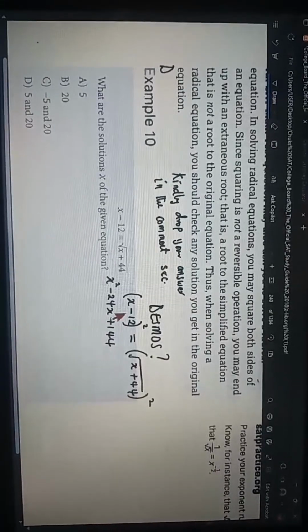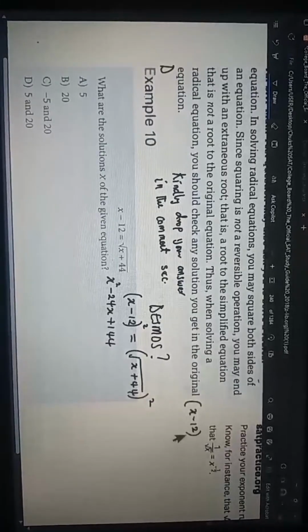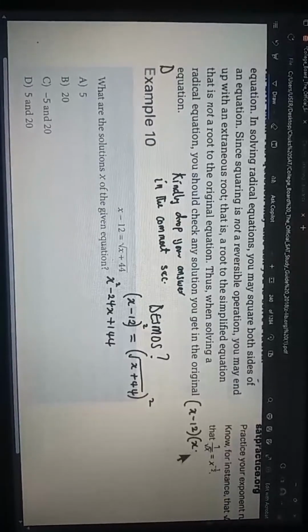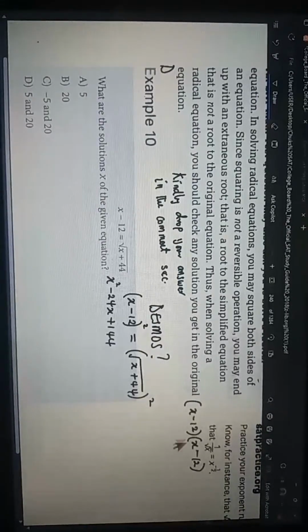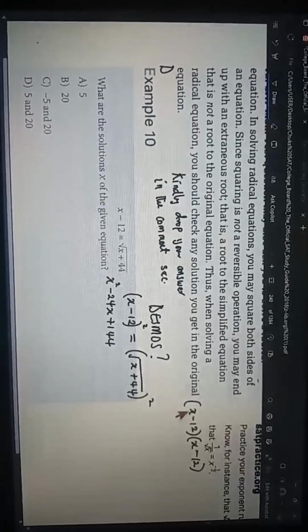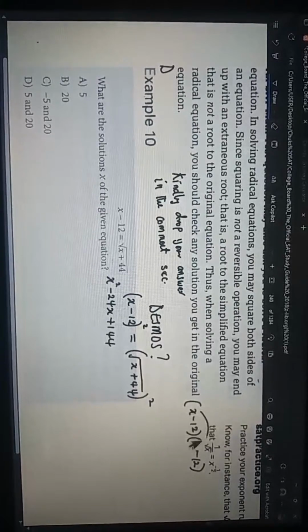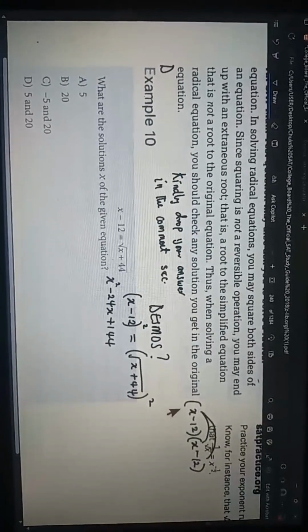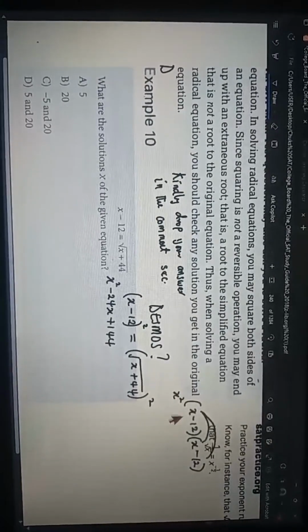Let me just show you what I did here, expanding x minus 12, because in this lesson, we'll try as much as we can to make everything as simplified as possible. Even if you're not a math professional, you can always learn with us. So x minus 12 all squared is the same as x minus 12 times x minus 12. You distribute x times x and x times minus 12. x times x is x squared. x times minus 12 is minus 12x.